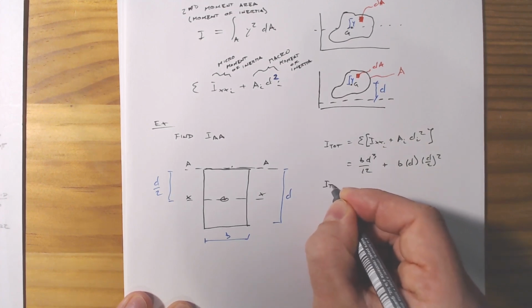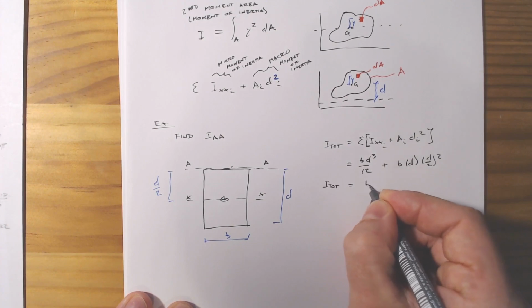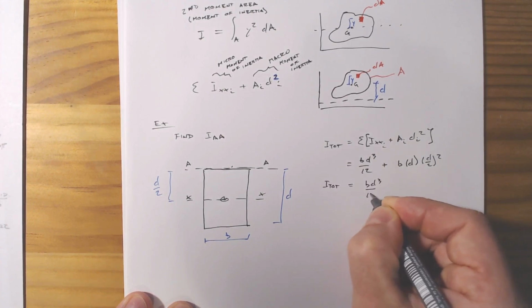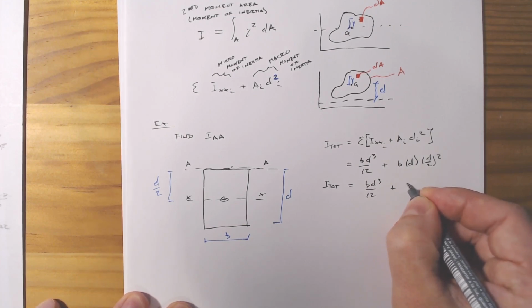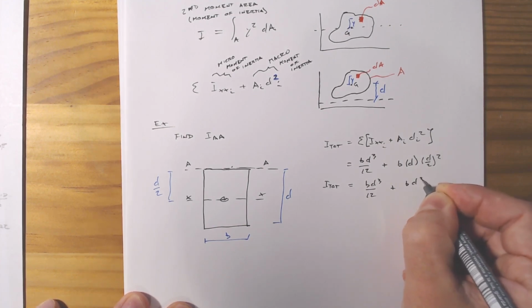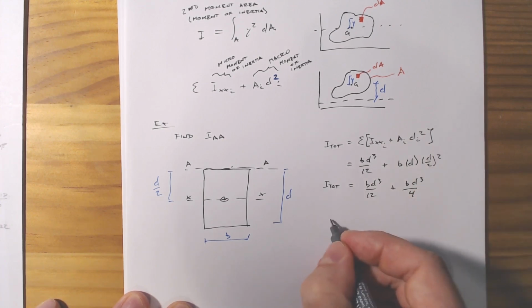So I total is bd cubed over 12 plus bd cubed over 4 if we expand this out.